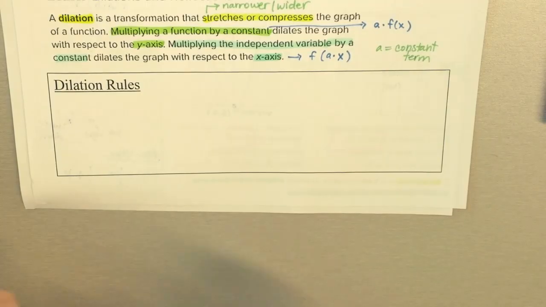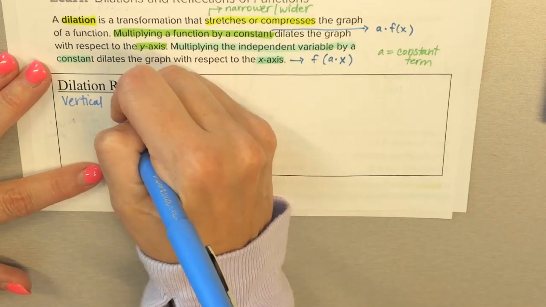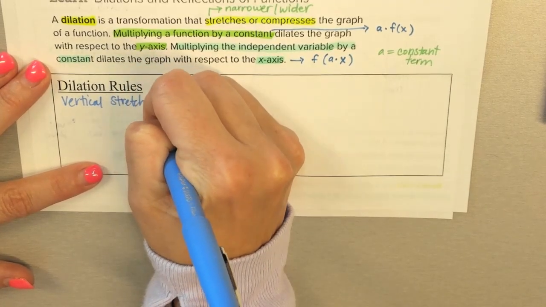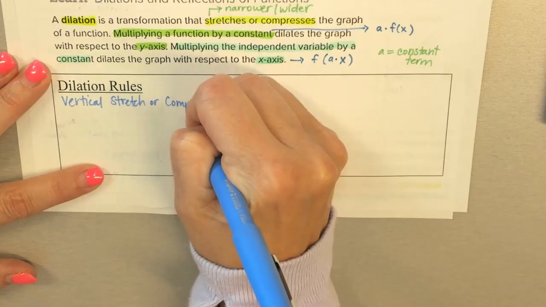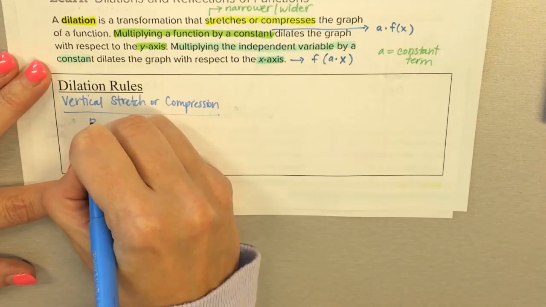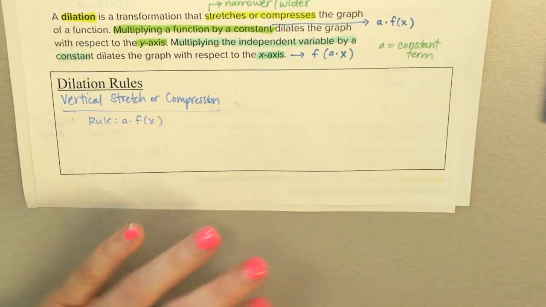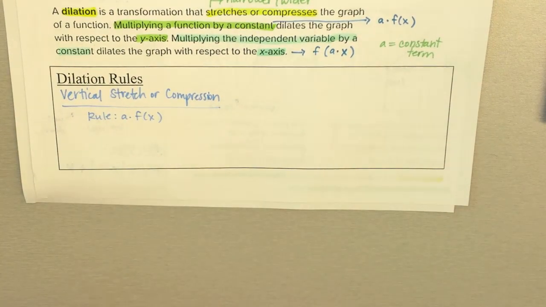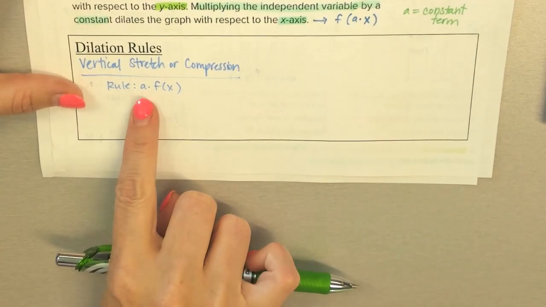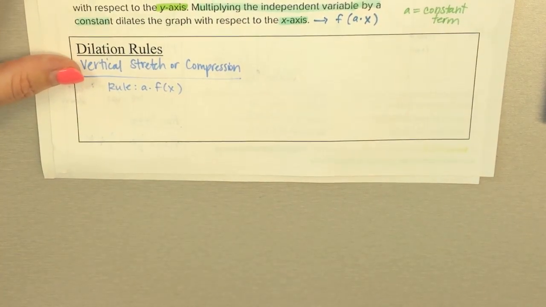The first ones we're going to talk about are vertical stretches and compressions. Okay, so the rule is a times f of x. We use f of x so we can apply it to different functions.